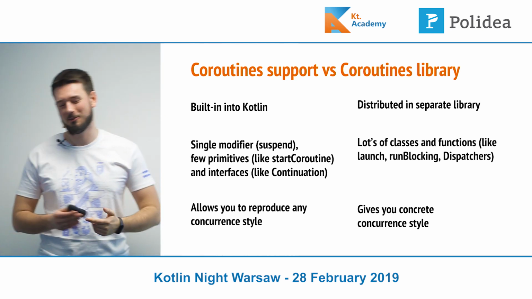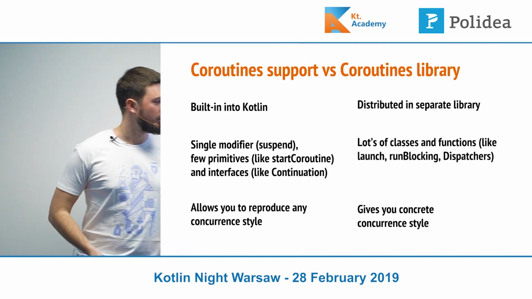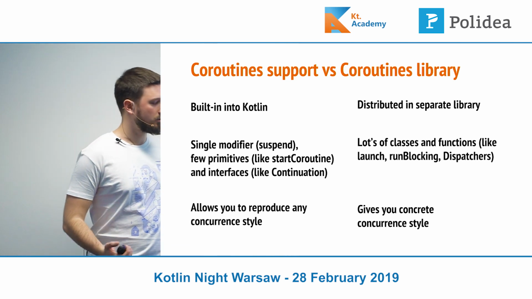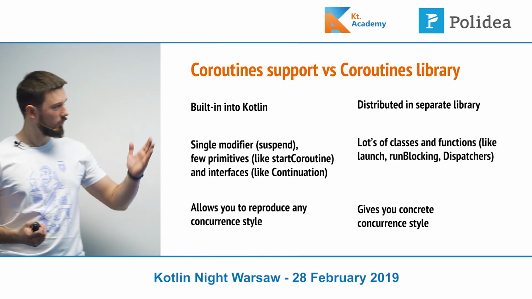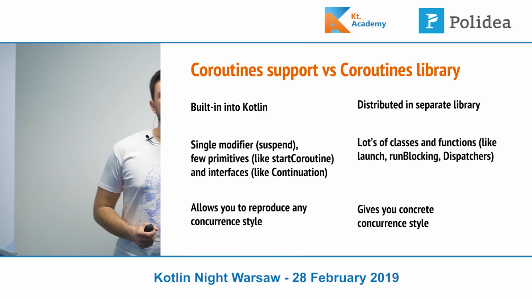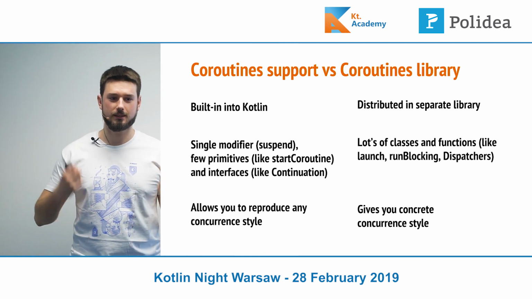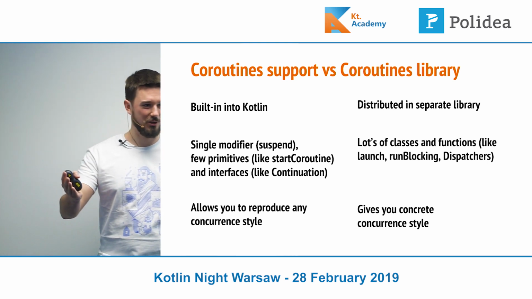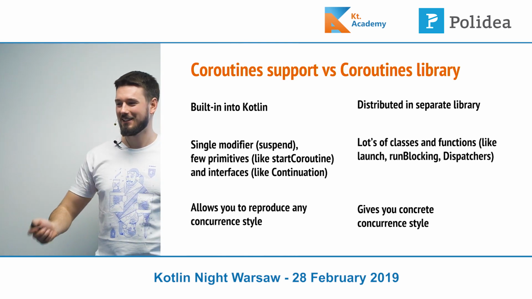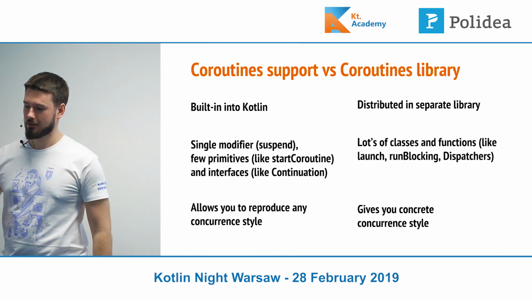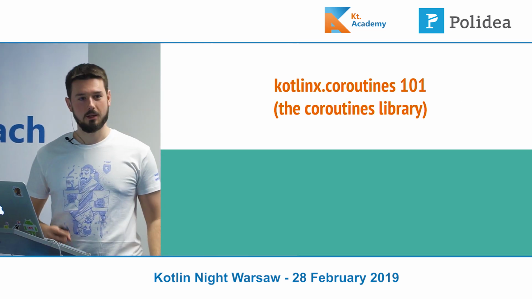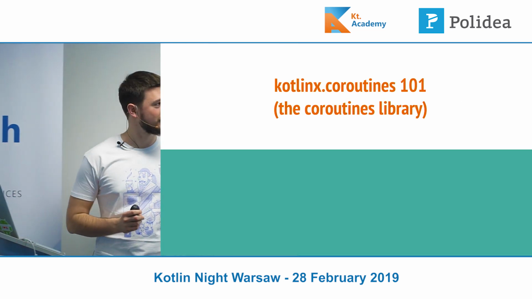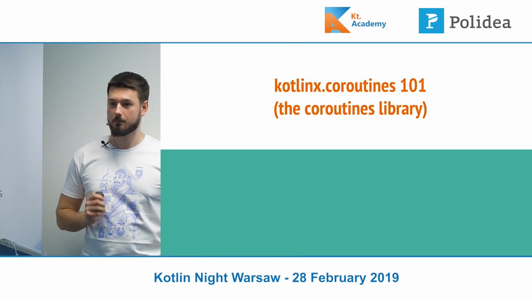But it's not easy to use without any special library. And to make it really useful, we have the Kotlin Coroutines library that gives you one concrete concurrency style. And to make this knowledge useful for you, let's talk about this Kotlin Coroutines library. So we'll have Kotlin Coroutines library 101.